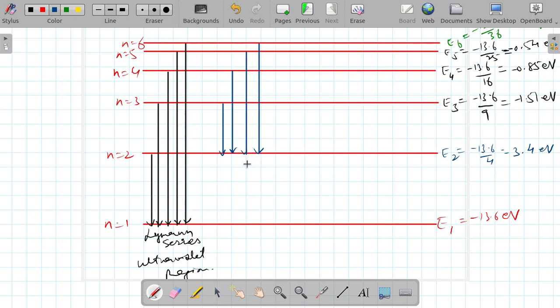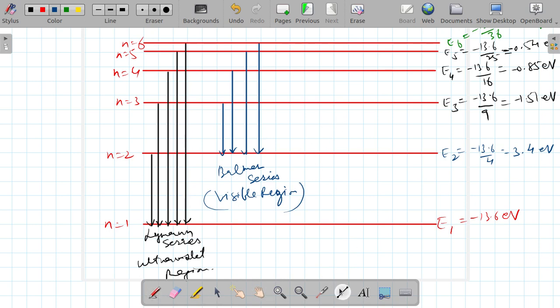And as we see, all these are known as Balmer series. And these all are lying in the visible region, as we have calculated. So this is observed experimentally also.